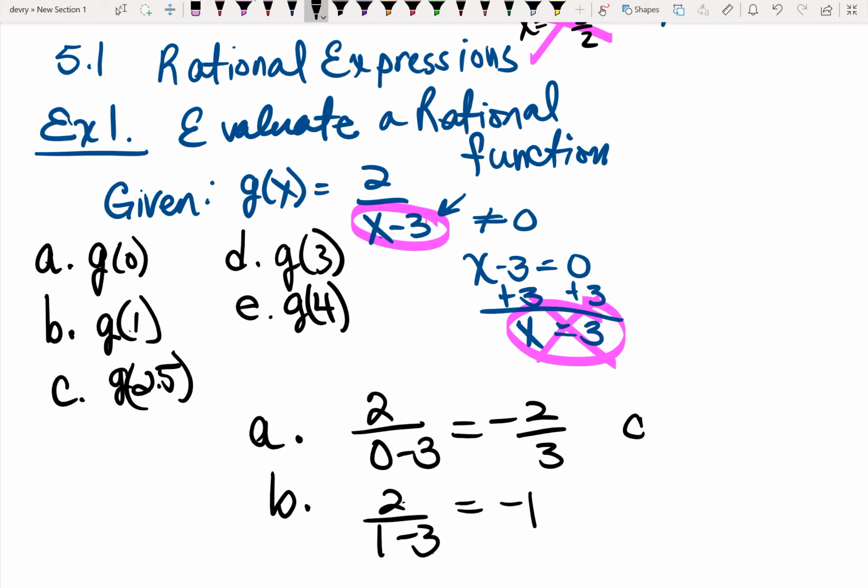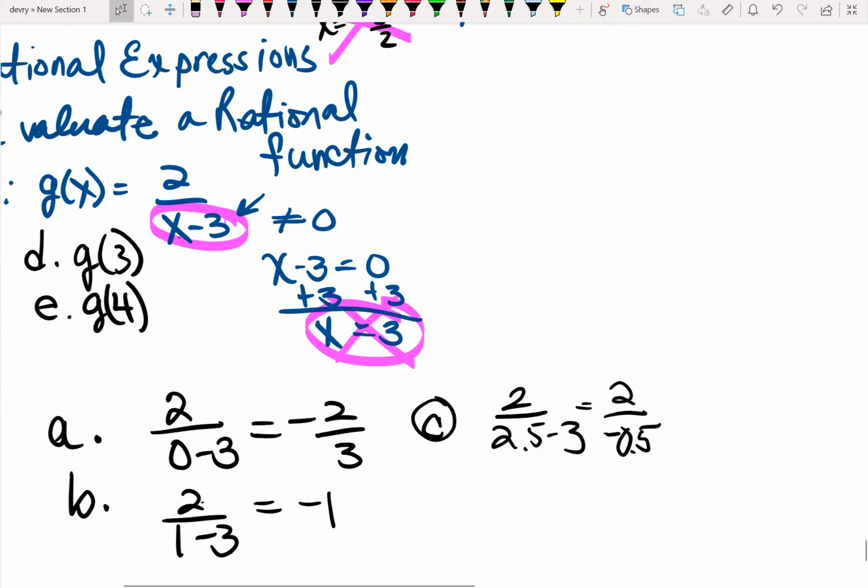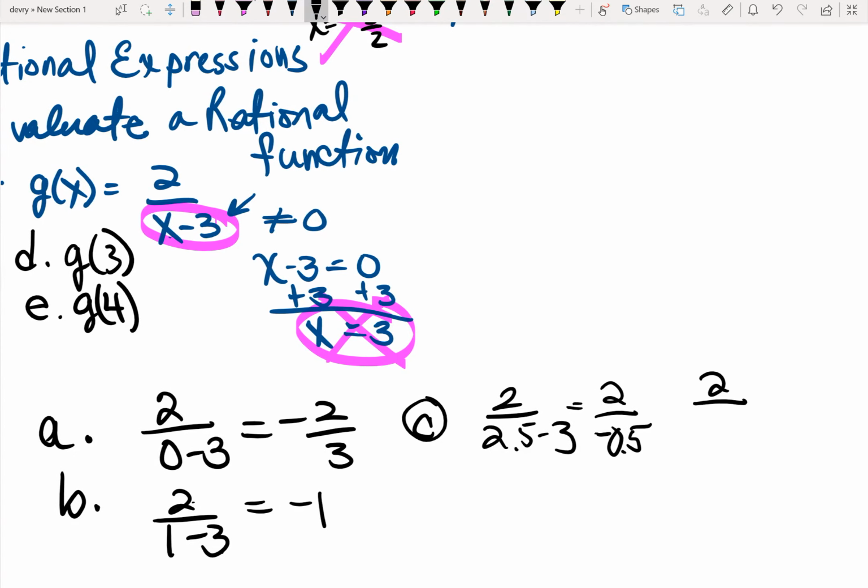For part C, we're going to substitute in 2 over 2.5 minus 3. Since I'm substituting in 2.5, I end up with 2 over negative 0.5, which is basically the equivalent of 2 over negative 1 over 2.